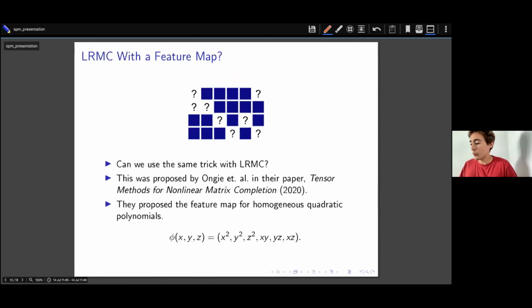This idea was proposed quite recently, in a paper from 2018, last edited in 2020. Their proposal is to consider this feature map, a feature map for homogeneous polynomials. Let's think of the case of 3 dimensions.